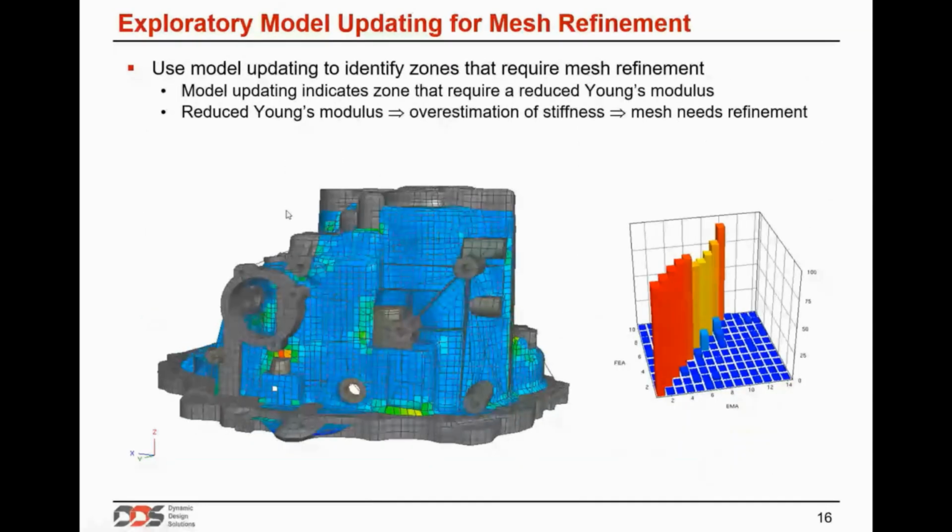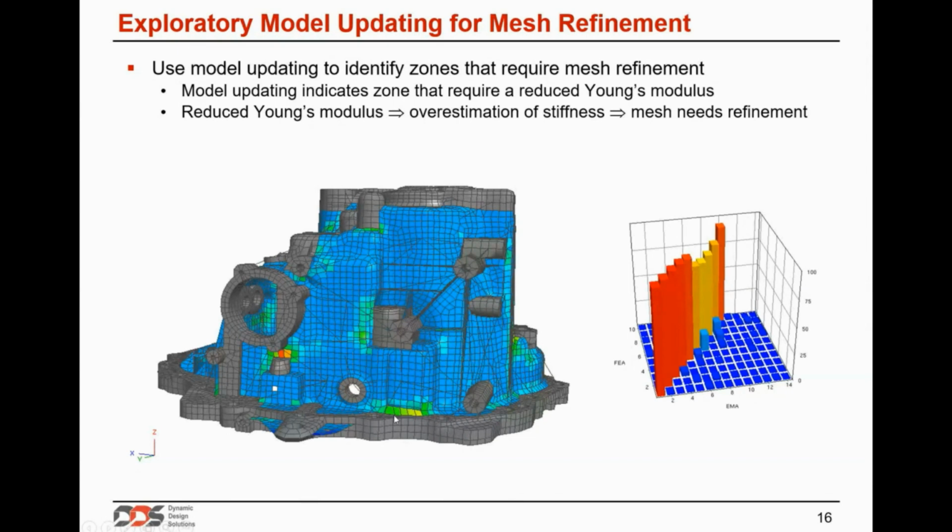This is an example of exploratory model updating using a model of a car engine. You can see the result of element by element updating shows us that there are some areas, colored in green, red, and orange, that indicate areas that need attention. The blue areas are okay, so this is close to zero change.